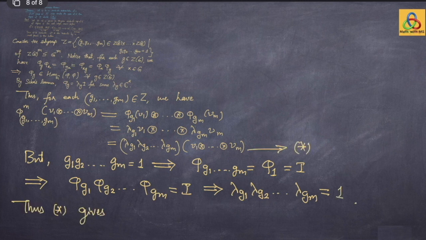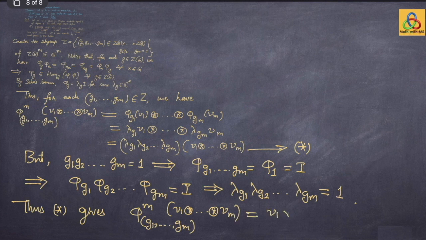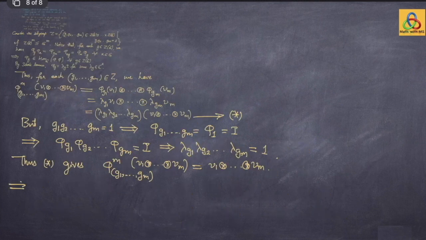So if I mark this equation as star, star gives that phi superscript m at this group element g1 to gm acting on the vector v1 tensor vm is just the same as v1 tensor vm. That is, the representation phi superscript m, when I restrict to Z, acts trivially.